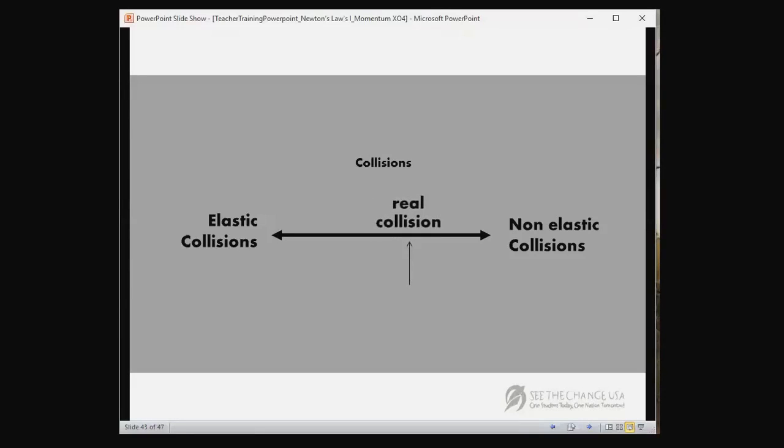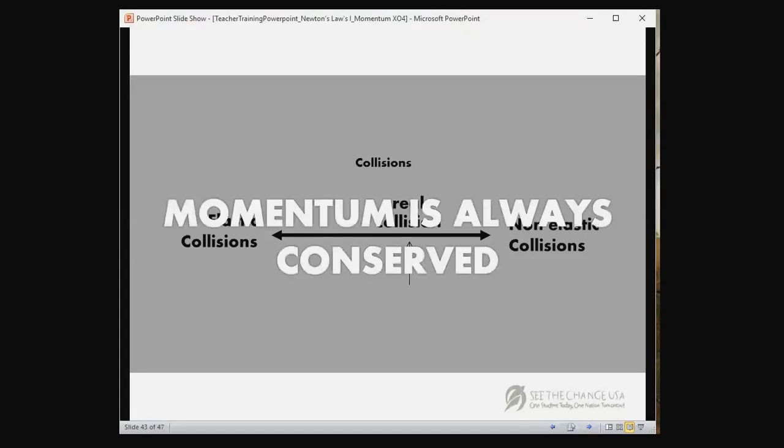Perfectly elastic collisions, where things collide and bounce off each other and don't even make a sound, obviously don't exist, and neither do perfectly non-elastic collisions. But real collisions lie somewhere in the middle. But the most important thing, no matter where we are on the spectrum, is that momentum is always conserved. And again, it should be the number one tool that we go to.